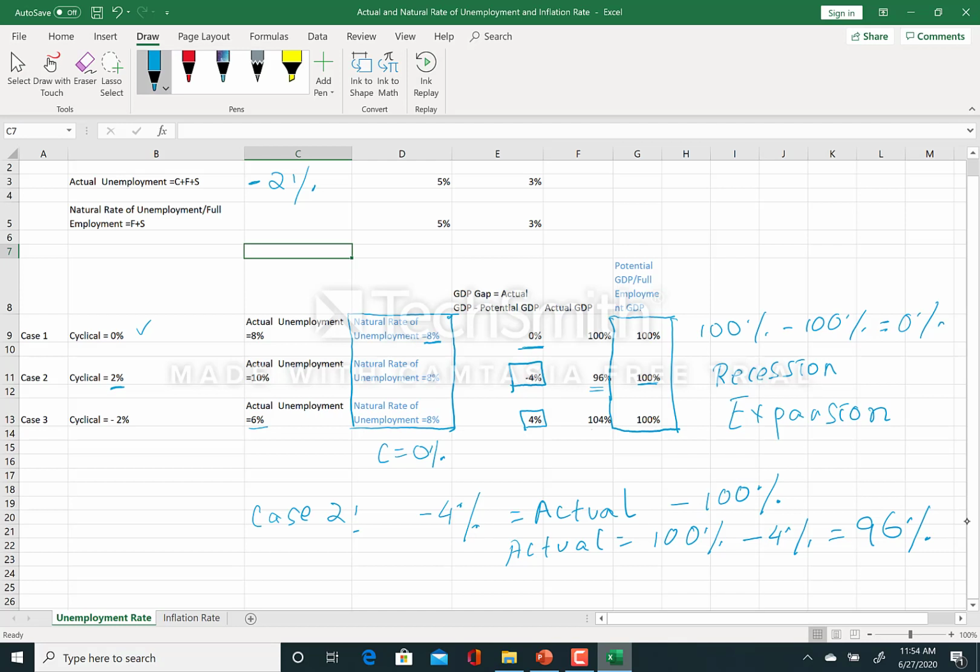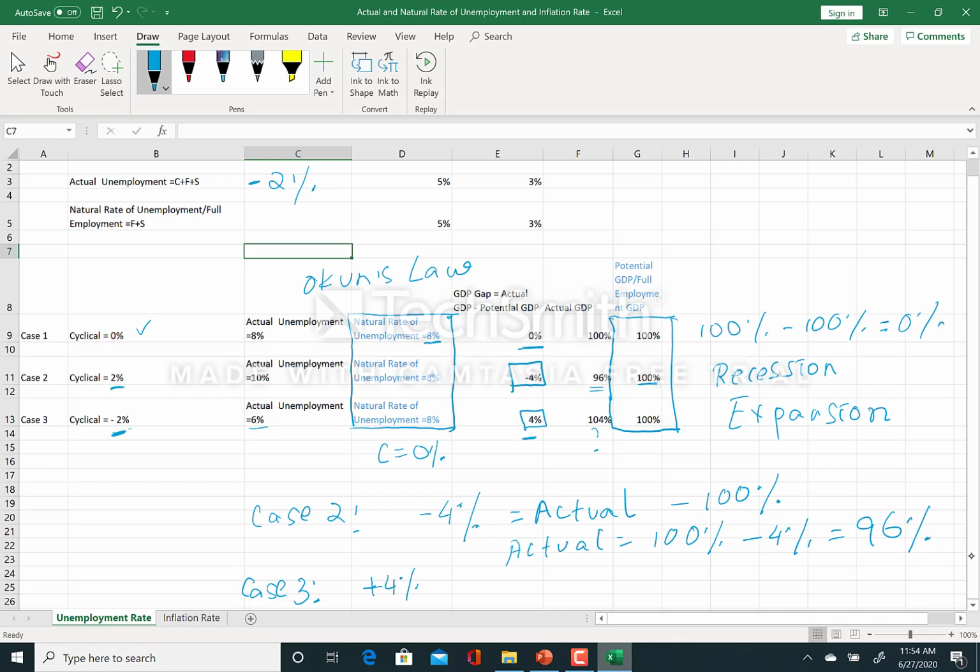My question is, how do I get this 104% here? If I look at case number 3, my GDP gap is equal to a positive 4%. I'm getting a positive 4% because a negative 2 turns into a positive 4, and that is what we are just doing here, applying Okun's law.